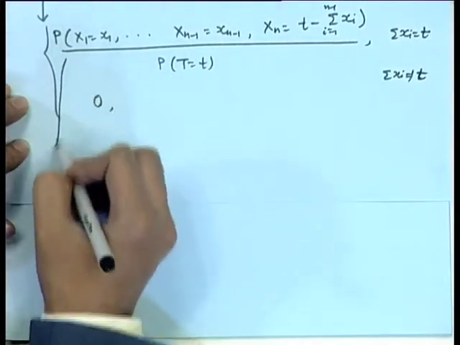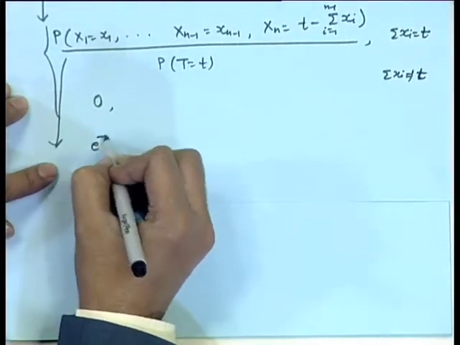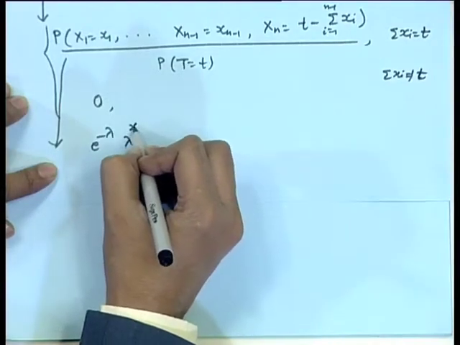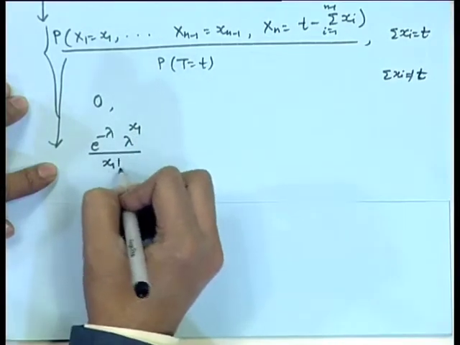So, we can substitute these values here, e to the power minus lambda, lambda to the power x1 by x1 factorial and so on.